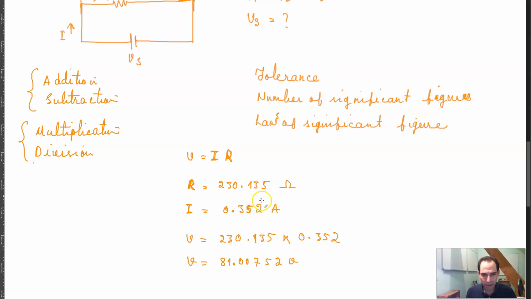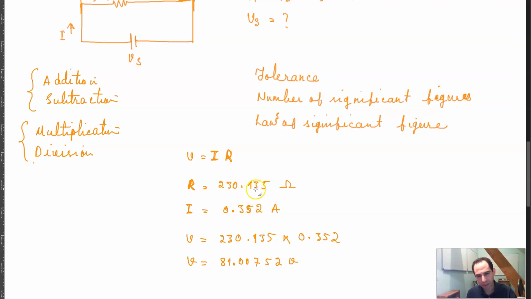But this number has 6 significant figures, and the other number has only 3 significant figures, because this 0 is not regarded as a significant figure. I'll tell you why that is, which brings us to the story of scientific notation. But for now, let's just suppose that this number has only 3 significant figures.